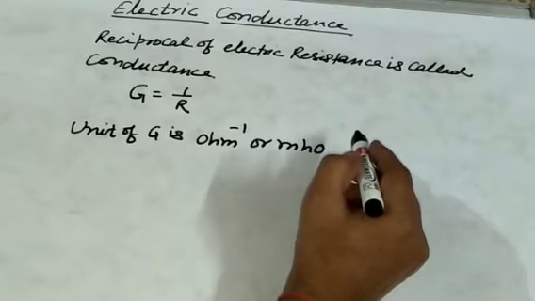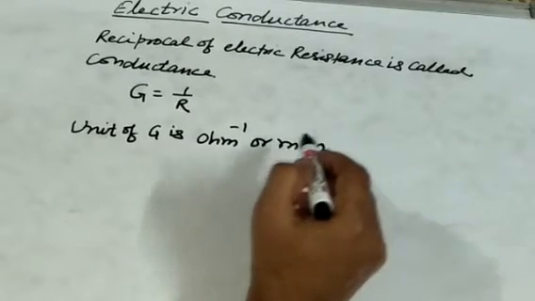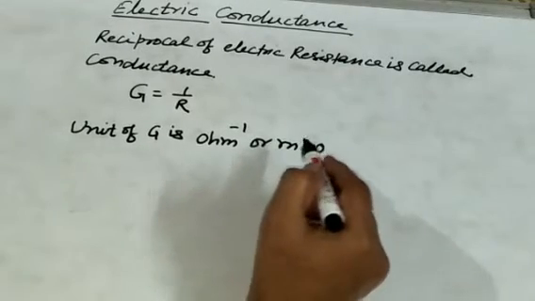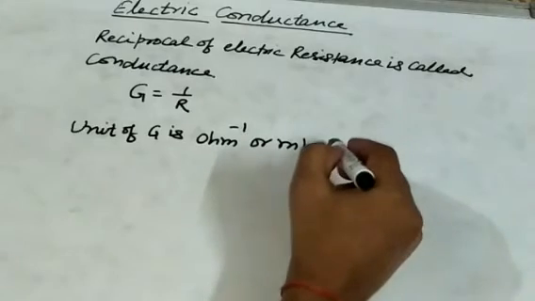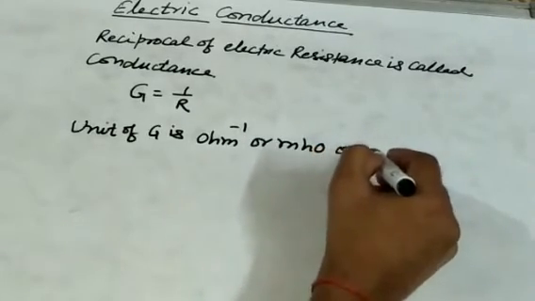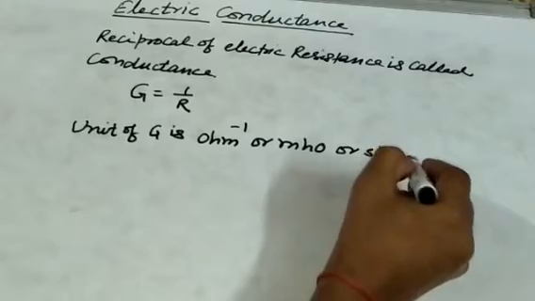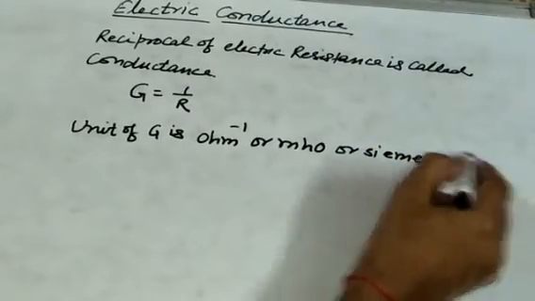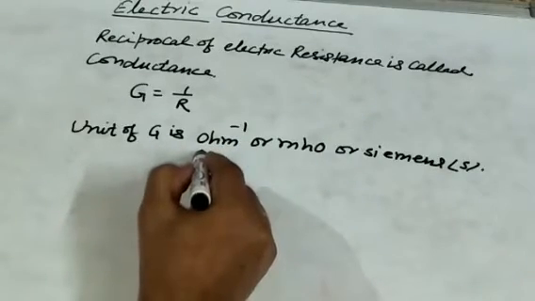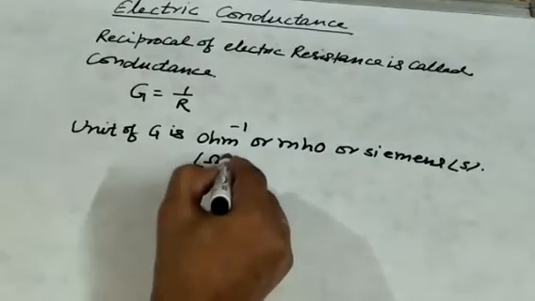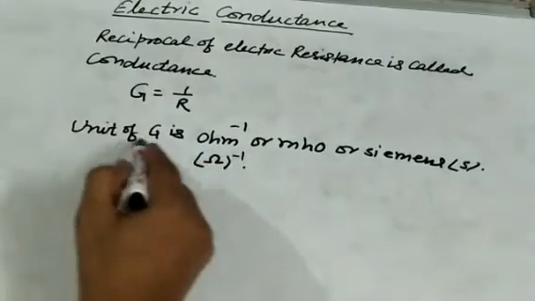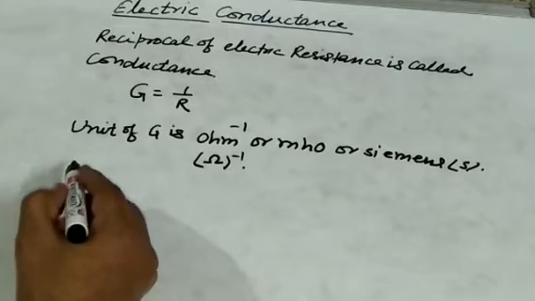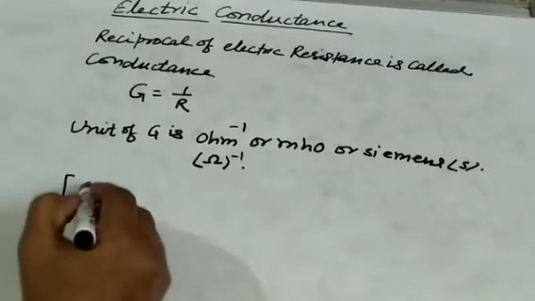So the unit of electric conductance you can write as either mho or ohm inverse, or Siemens, denoted by S. So this is the unit of electric conductance.